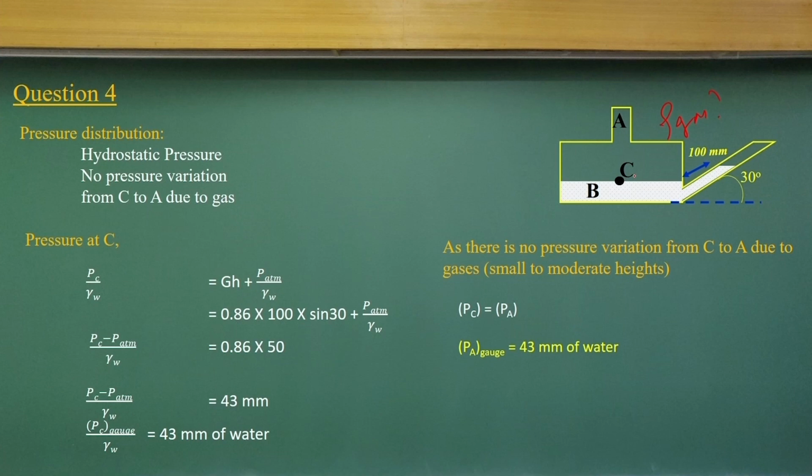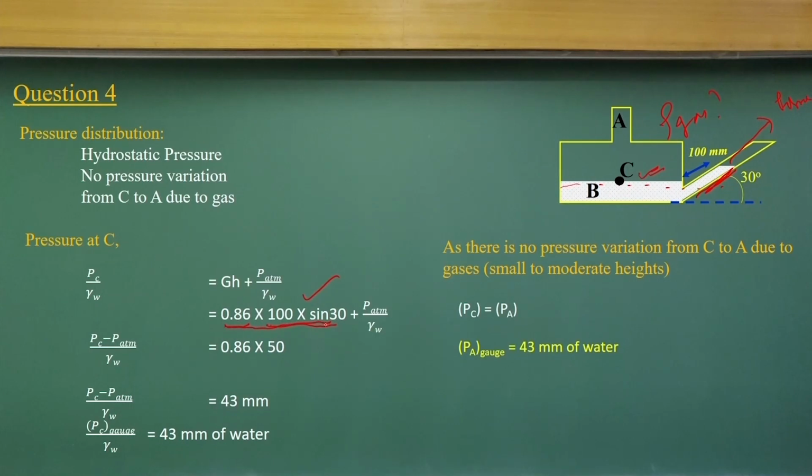In that case, the pressure at this point is equal to atmospheric pressure. So PC is equal to the vertical height of the manometric liquid, that is 100 millimeters into sin theta, and the specific gravity.